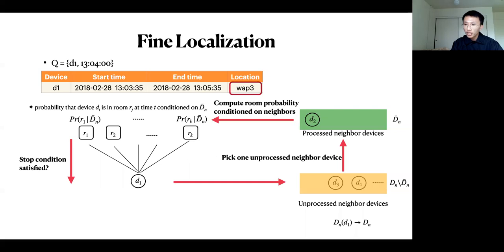Next, we check the stop condition. If the algorithm gains enough confidence for the current answer, then the algorithm stops and outputs the room with the highest probability. Otherwise, we continue the algorithm until the stop condition is satisfied.